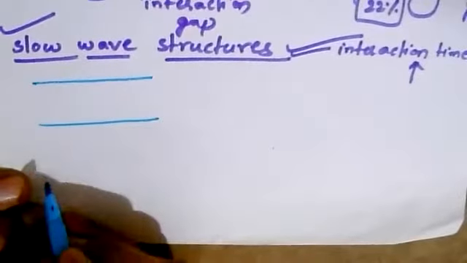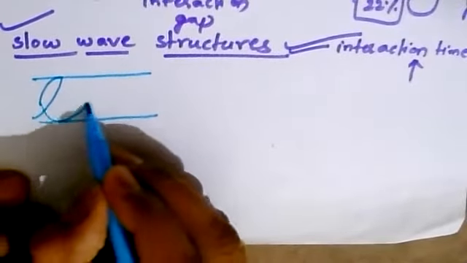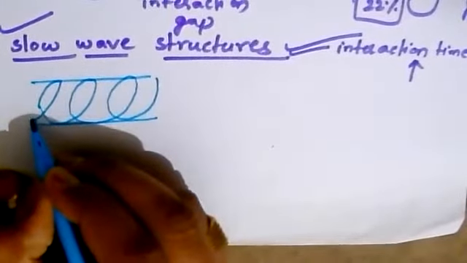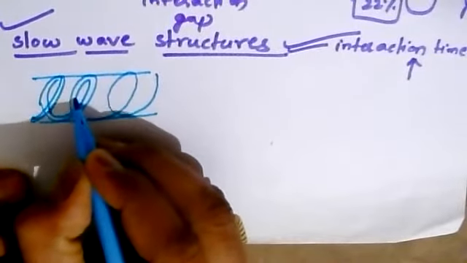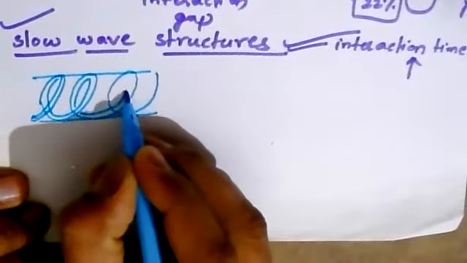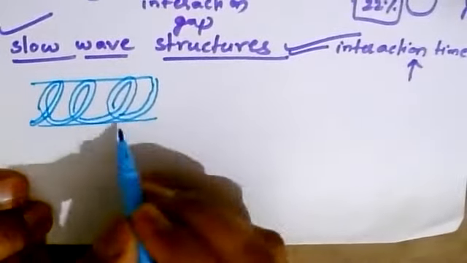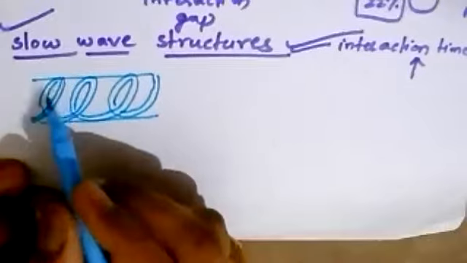It is arranged as a helical structure. So this is nothing but the helical structure, where a wire is taken and wound on some circular form. For example, if you take a wire and keep winding it, whatever shape is formed is nothing but the helix structure.